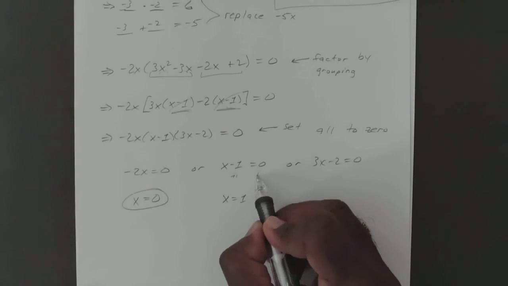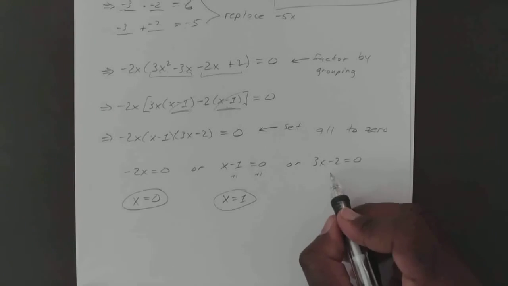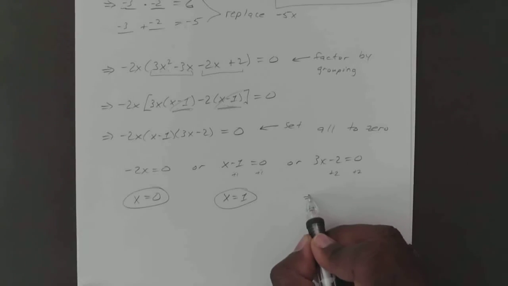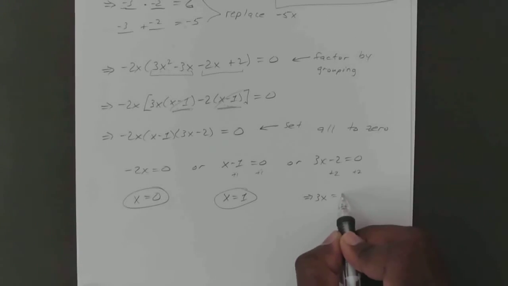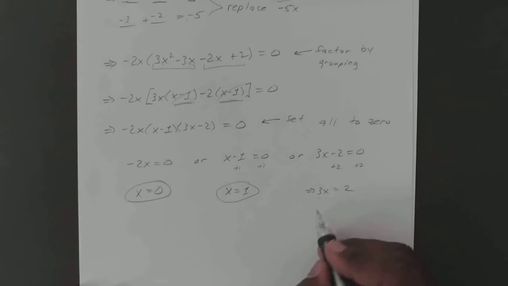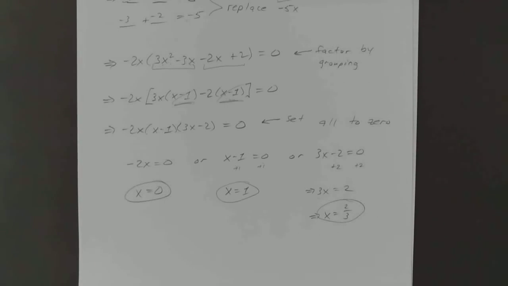Put a little plus 1 there. And this one, if we add 2 to both sides, we end up with 3x equals 2. Divide both sides by 3. We have x equals 2 over 3. All right, so any questions on that one?